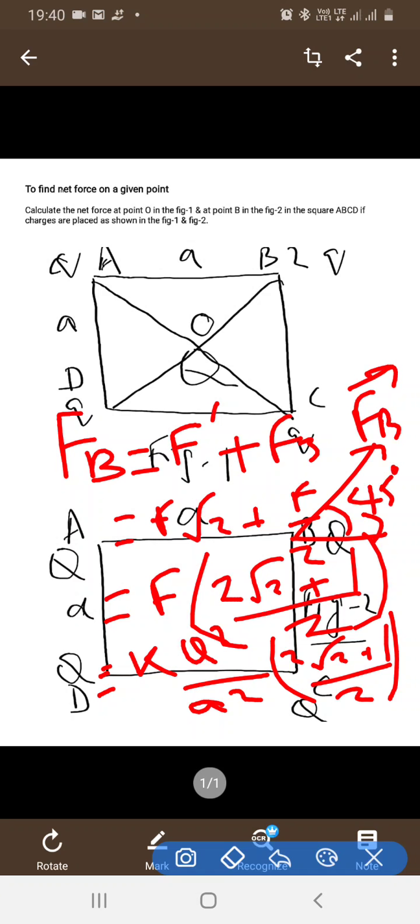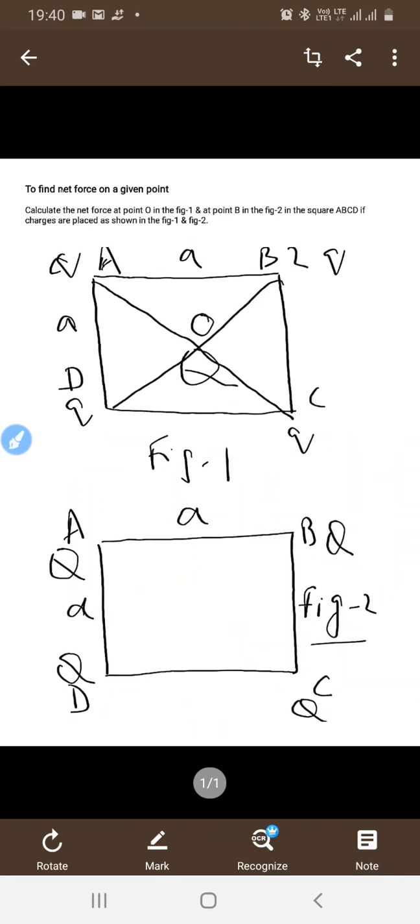If we want to know the direction, what is the angle, it can be checked whether it is making 45 degrees or not, using the formula tan alpha, where alpha is the angle from vector F1.